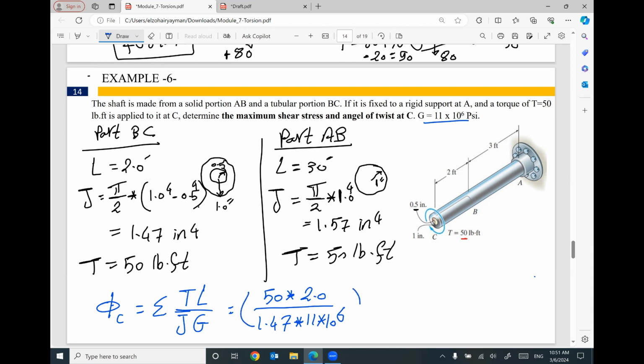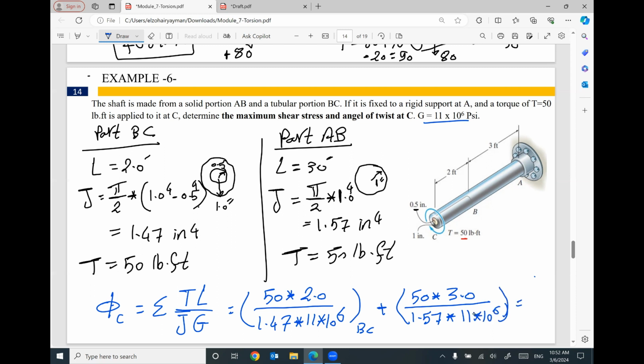This is for part BC, plus 50 times the length of the second part 3 feet, divided by J, which is 1.57, times G 11 times 10 to power 6.